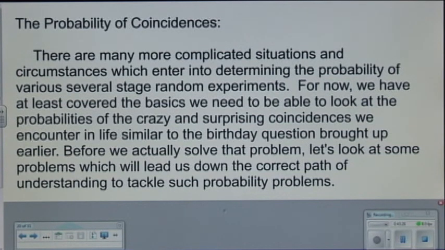For now, we have at least covered the basics we need to be able to look at the probabilities of the crazy and surprising coincidences we encounter in life, similar to the birthday question brought up earlier. Before we actually solve that birthday question, let's look at some problems which will lead us down the correct path of understanding to tackle such probability problems.